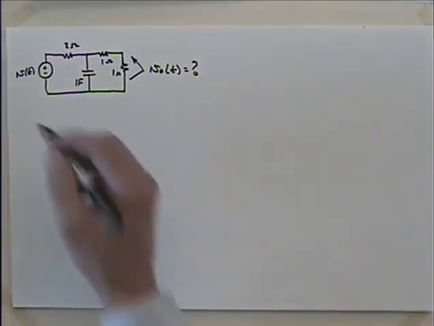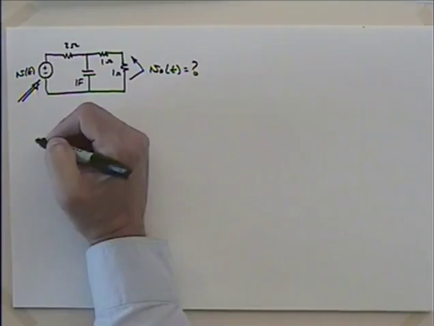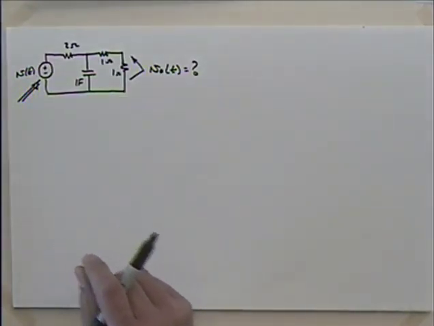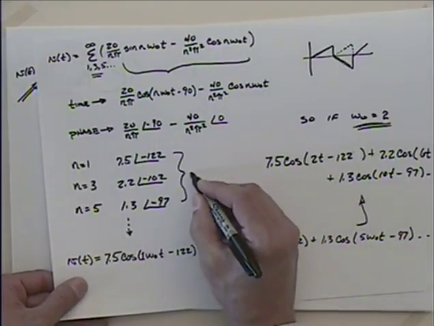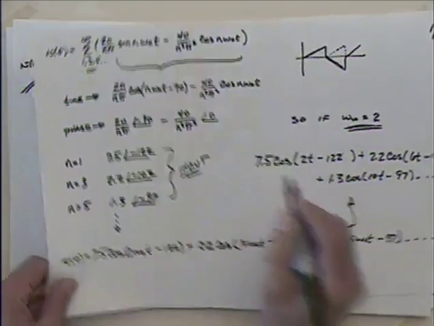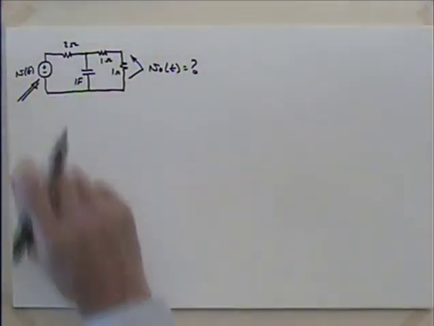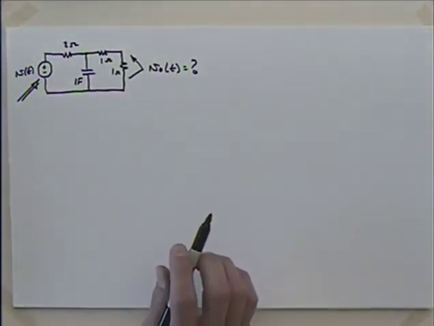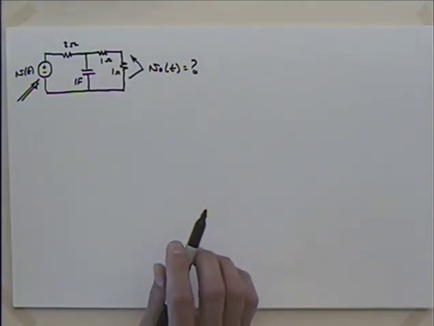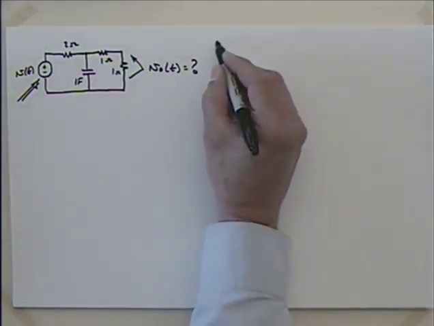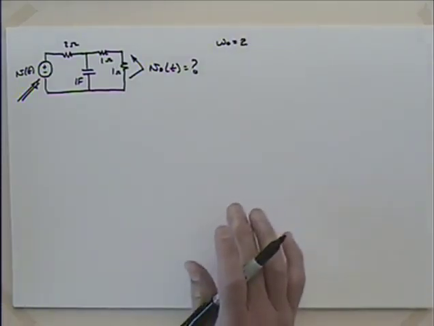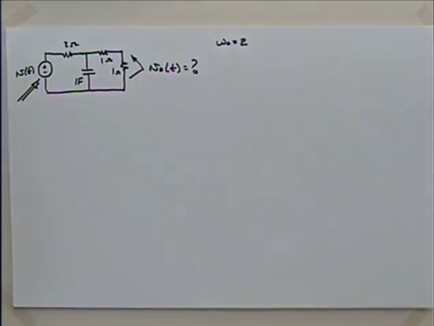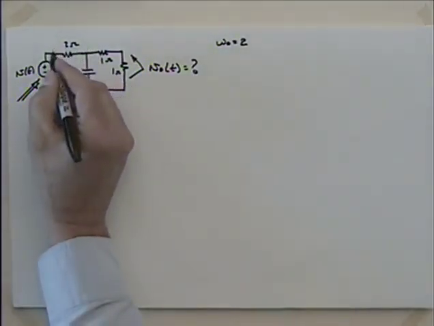Okay. So I'm going to put my wave that I have into there. So essentially this is going to be my input. I'll put those into this transfer function and see what I get on the output then. So remember we said we were going to take omega naught being equal to 2. So if I go through this thing, I guess the first thing I could probably do is come up with the current here.